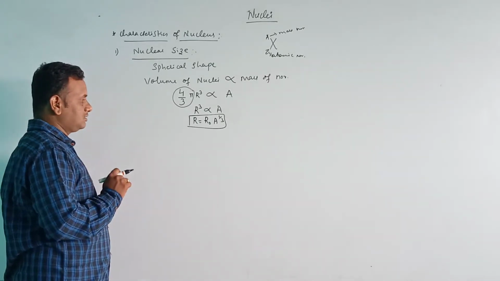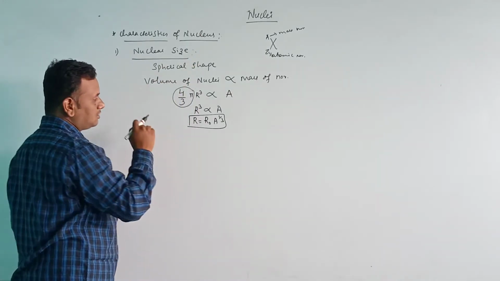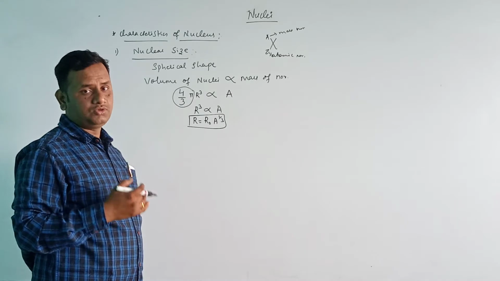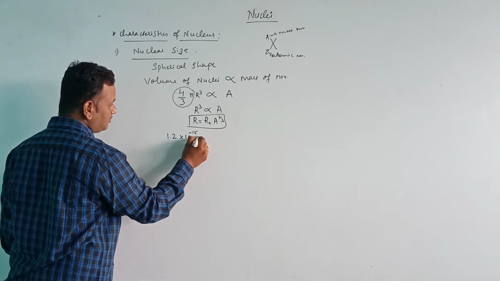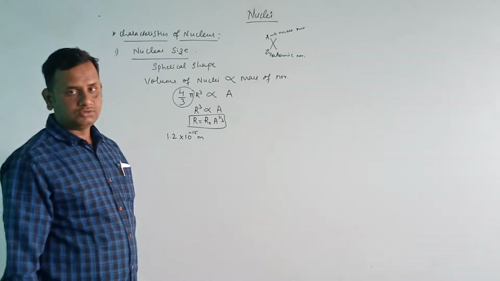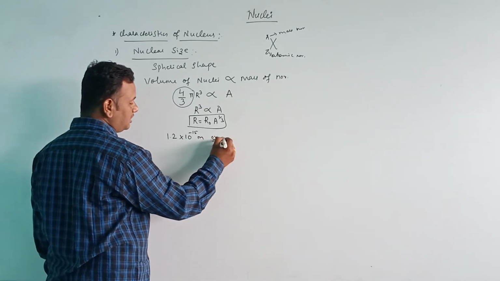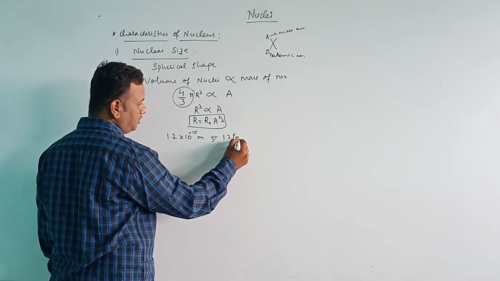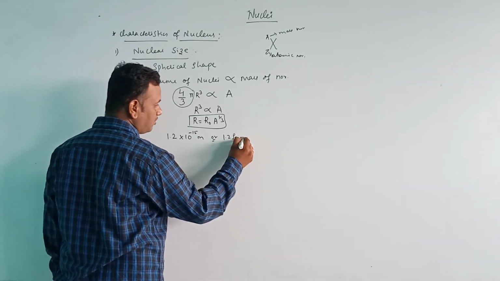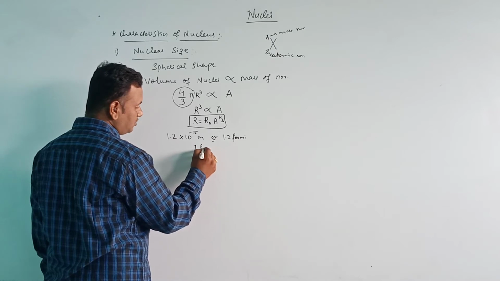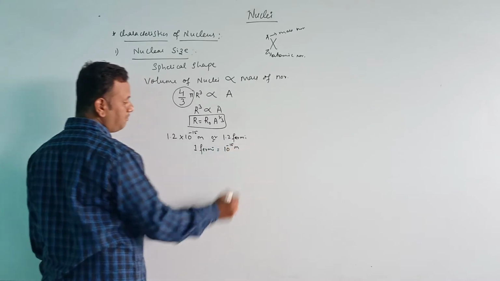Theoretically, it is found that the size of the nucleus is 1.2 into 10 to the power of minus 15 meter, which can also be written as 1.2 Fermi. 1 Fermi is equal to 10 to the power of minus 15 meter.